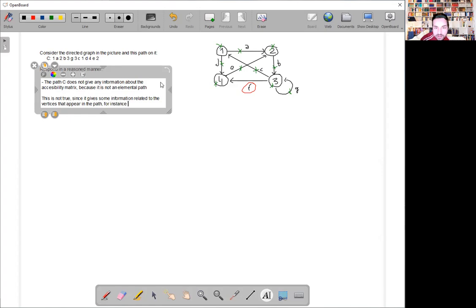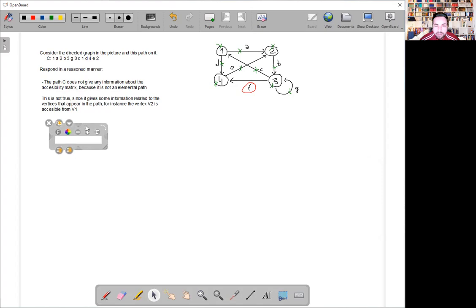For instance, the vertex 2 is accessible from 1. It doesn't matter if the path is elemental or simple, because it is not required to give information about the accessibility matrix.